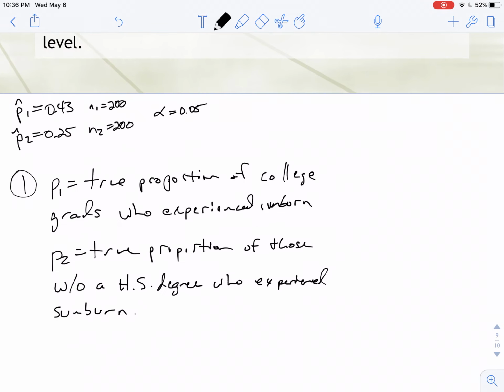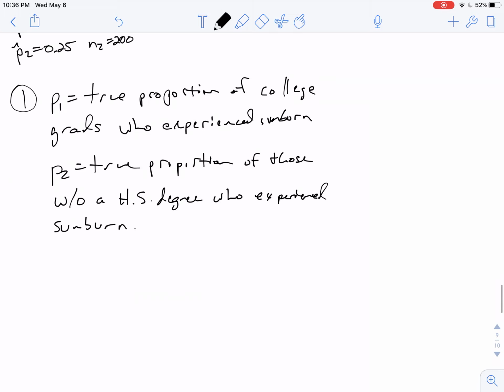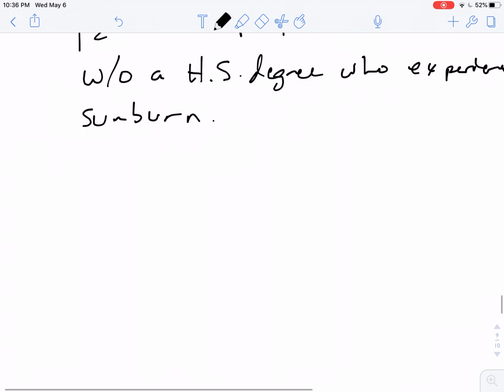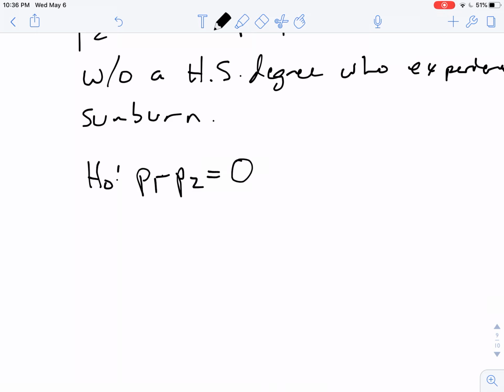All right, so now that I have defined those two parameters, I can write my hypotheses. I'm going to start with my null. My null is that these two proportions are the same. So p1 minus p2 is equal to 0. That is what I'm going to be assuming to be true throughout the test. My alternate, I'm going to start the same way.